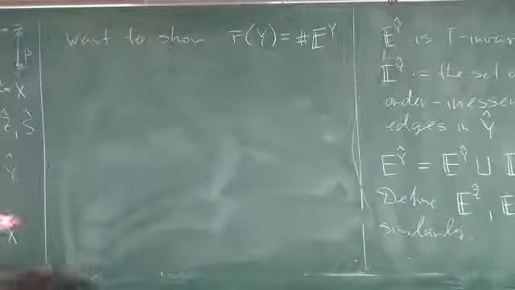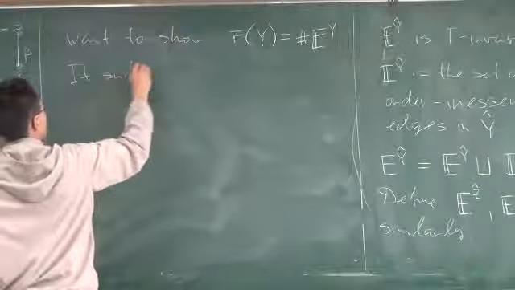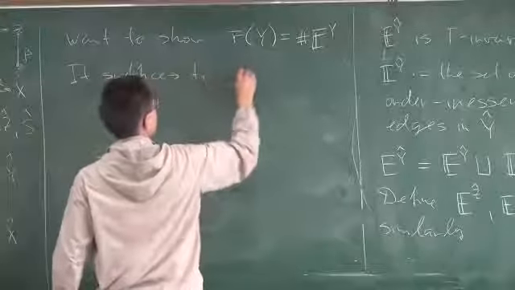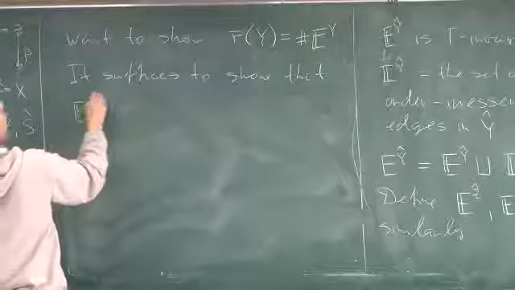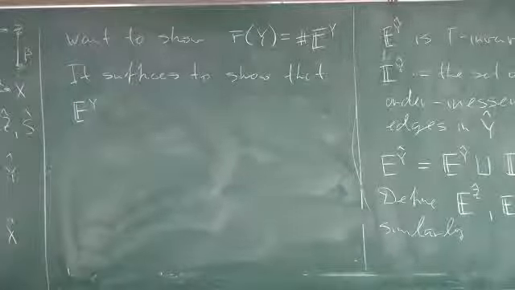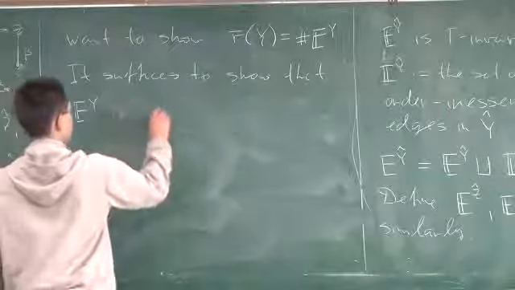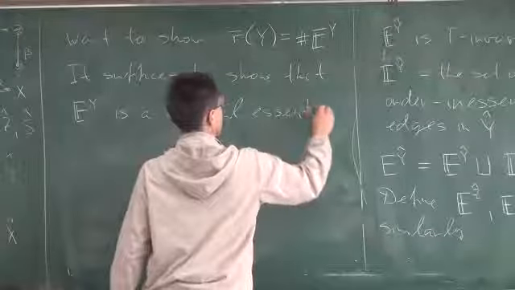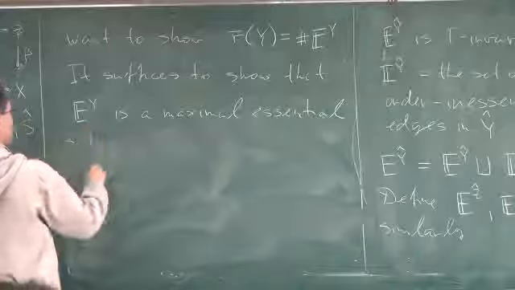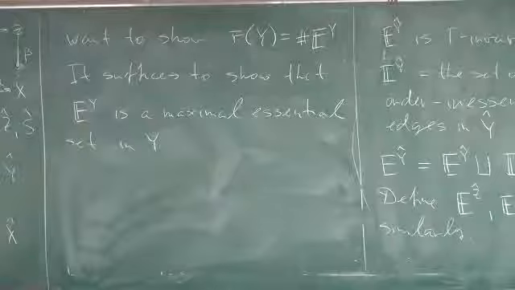In order to prove that, it suffices to show that this set of edges in Y is a maximal essential set in the graph Y. If you prove this, then we are done.